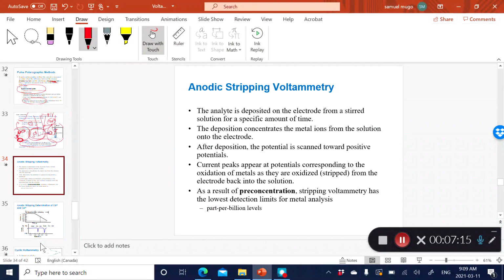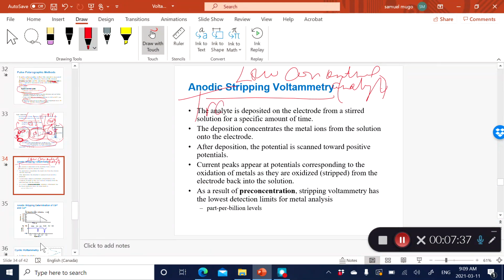Now, another technique that I'm gonna quickly talk about is anodic stripping voltammetry, and I think I mentioned it previously. Anodic stripping voltammetry is very prevalently used if you're dealing with very low concentrations of your analyte. So it's actually used for what you refer to as trace analysis.